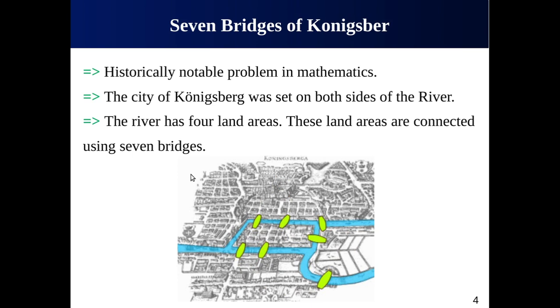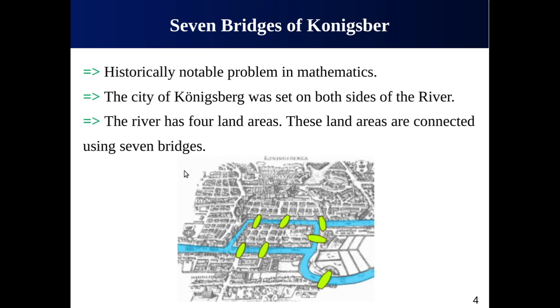And then at that time, this question was given to a famous mathematician known as Euler. Euler proved that the problem has no solution. But in the 1730s, the concept introduced the foundation of the graph theory.